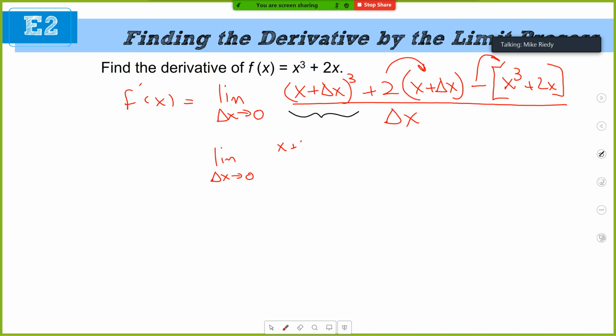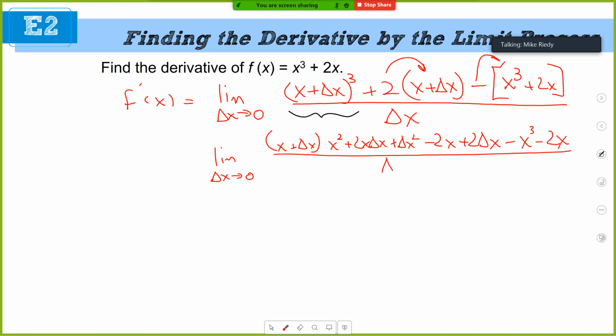So I would get (x plus delta x) times (x squared plus 2x delta x plus delta x squared) minus... plus 2x plus 2 delta x minus x cubed minus 2x, all over delta x. And you can see how much fun this is. This should be in parentheses, that's sloppy.